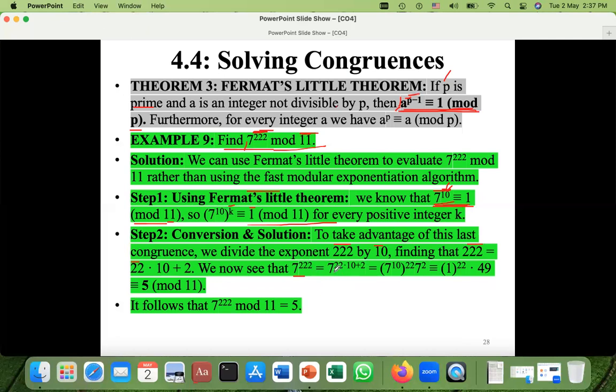So here 7 raised to the power 10 multiplied by that 22. So I have 220 here, and plus 2, I have 7 to the power 222. Okay, this is equal to that one. Now I can write it: 7 raised to the power 10 and then again raised to the power 22. If a power has a power, then we have the multiplication here.